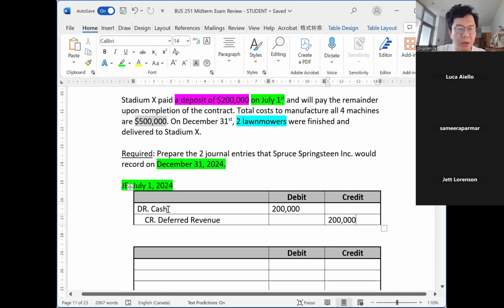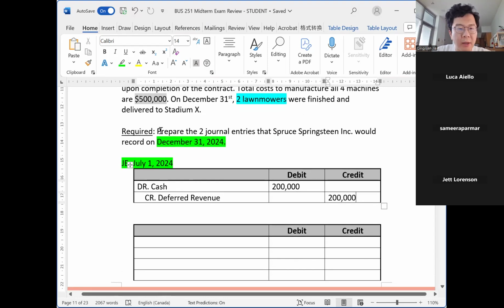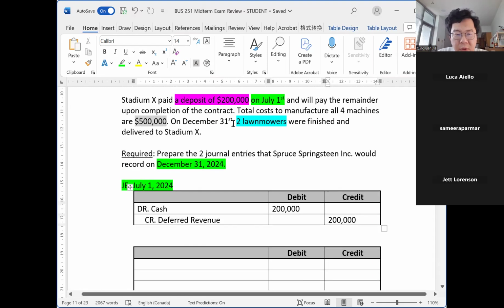So on July 1st, we have a journal entry like this. And we also have to prepare the two journal entries that this company will record on December 31. So on December 31, two lawn mowers were finished and delivered to Stadium X.